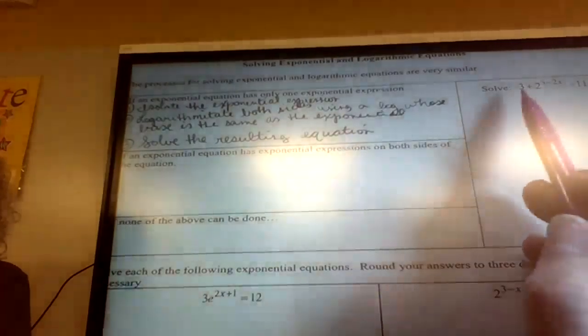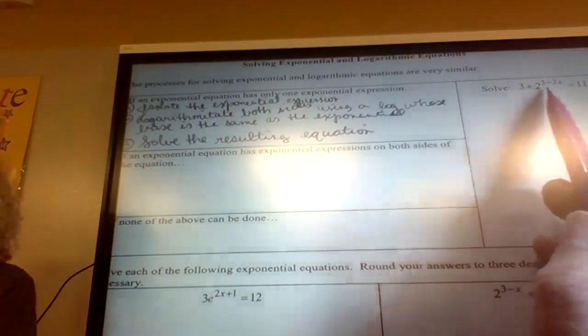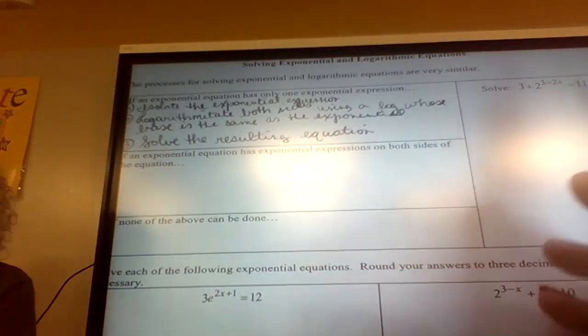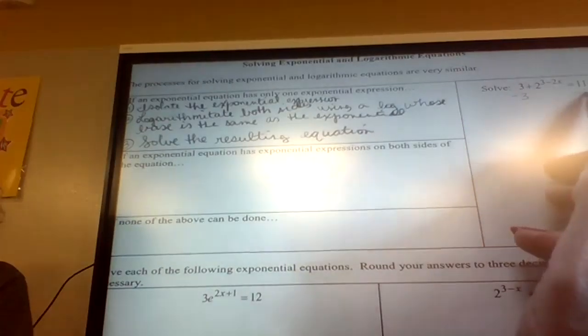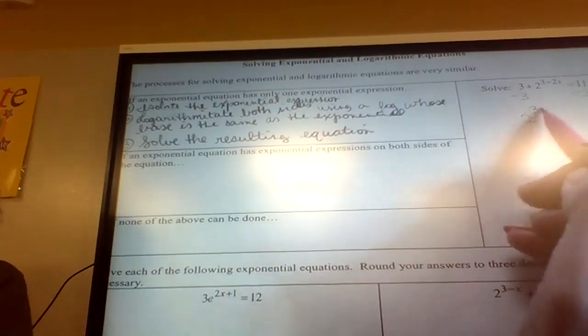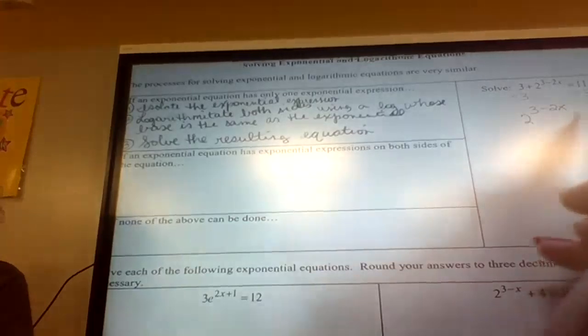So, for example, right here, there's only one exponential expression here. So I want to isolate it. Minus 3, minus 3. So I have 2 to the 3 minus 2x equals 8.